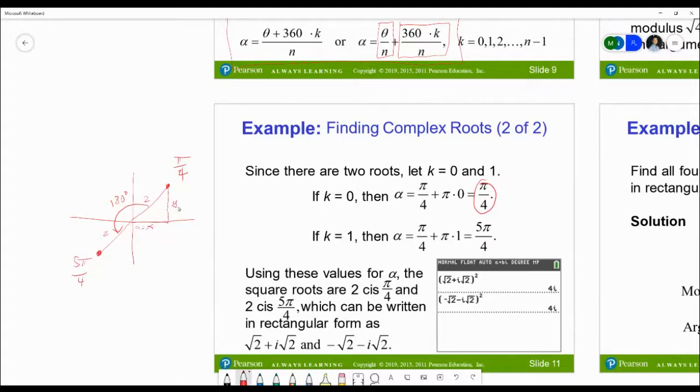This is nothing more than a 45 degree triangle, so we have sides square root of 2 and square root of 2. Therefore, in rectangular form, you have positive square root of 2 plus square root of 2 i, and negative square root of 2 minus i square root of 2 because it's in the third quadrant.